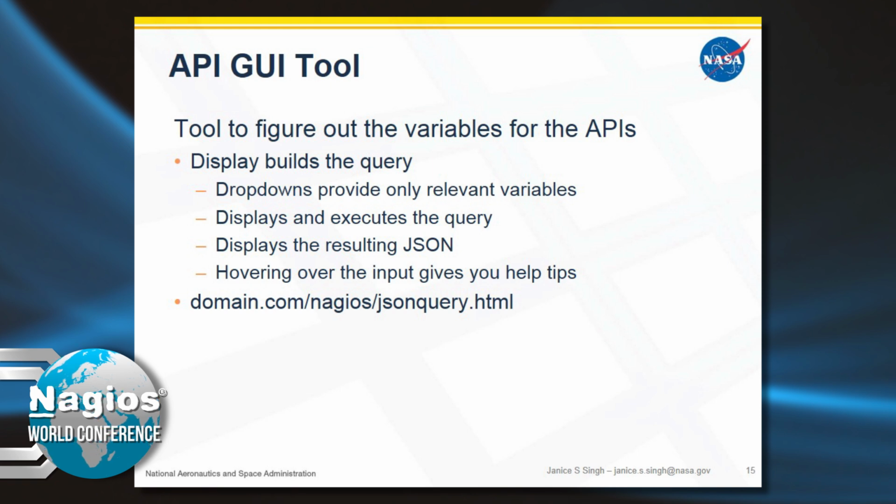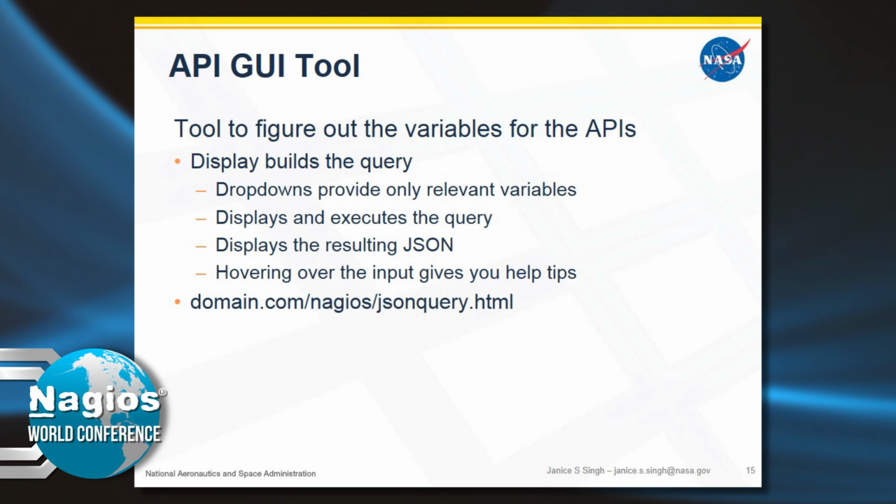There's an API GUI tool that helps you build the queries and figure out what variables you want to put. It's really helpful when you're just trying to figure things out, because as you choose things, the drop-downs tell you what the relevant variables are. After you hit submit, it builds the query, displays it, executes it, and shows you the JSON.